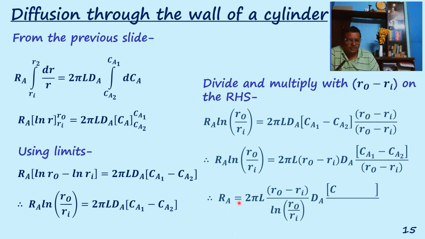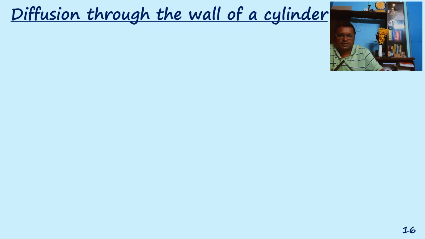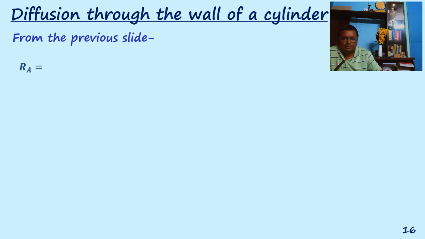Ra is equal to 2 pi L. Now the logarithmic term I have brought to the right hand side, so it is 2 pi L R0 minus Ri divided by ln of R0 upon Ri. Then other terms remain as they were earlier, so it is into dA Ca1 minus Ca2 divided by R0 minus Ri.